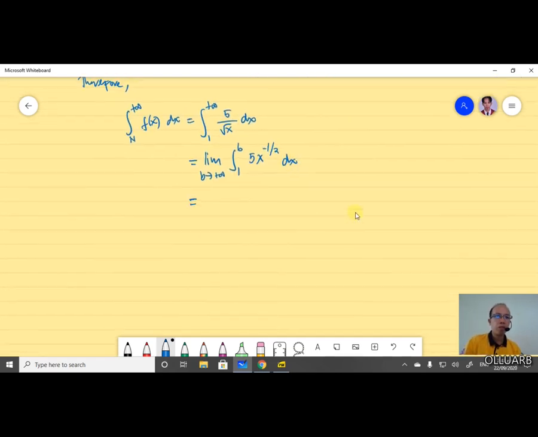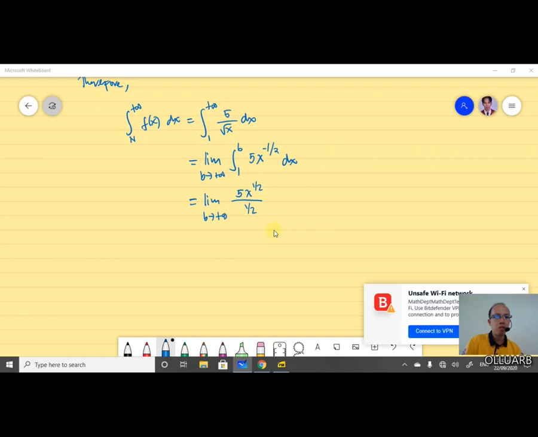So further simplify: limit of 5 times x to the power of negative 1 half plus 1, which is 1 half, over 1 half, as b approaches positive infinity, evaluated from 1 to b.